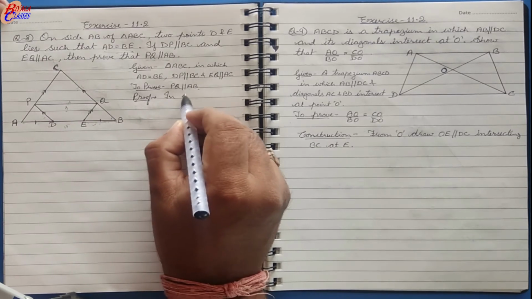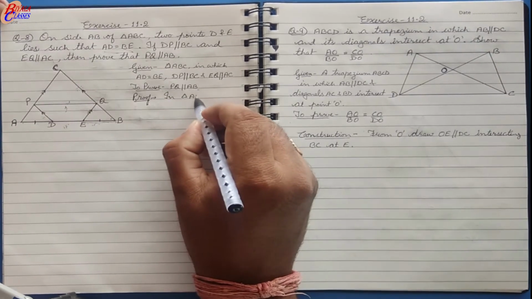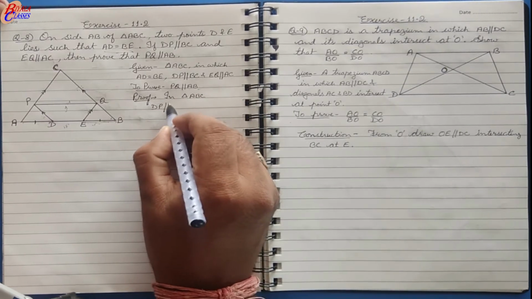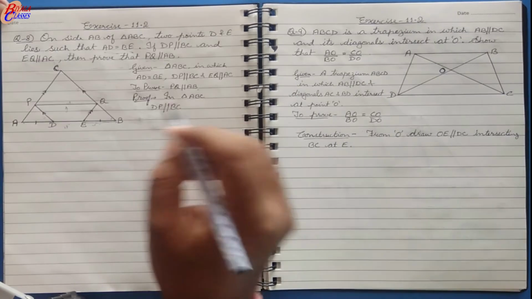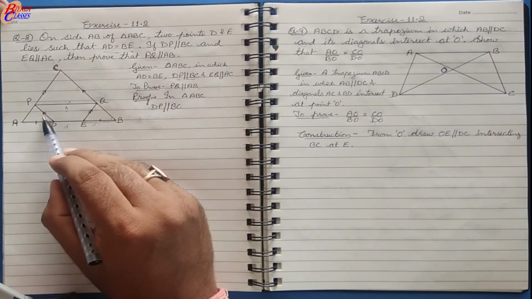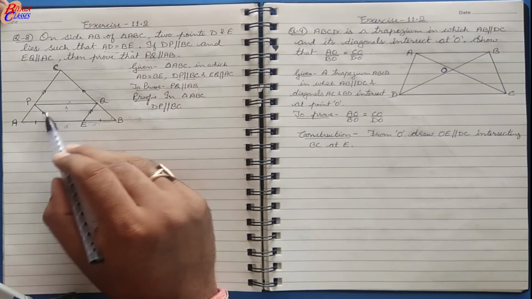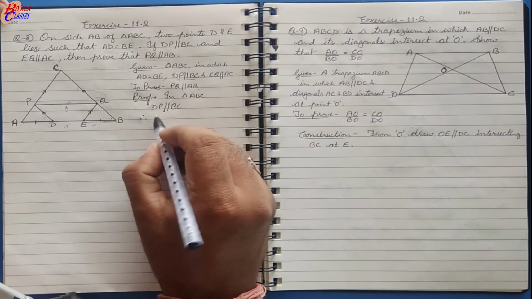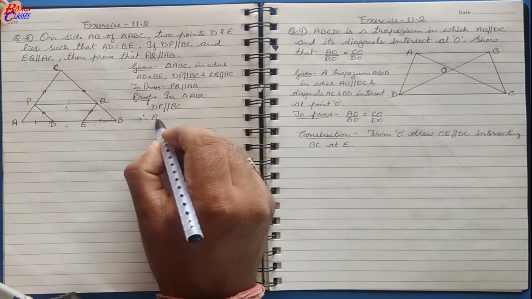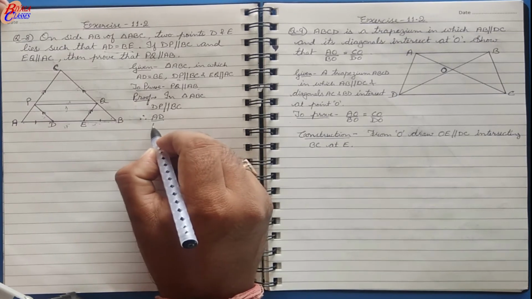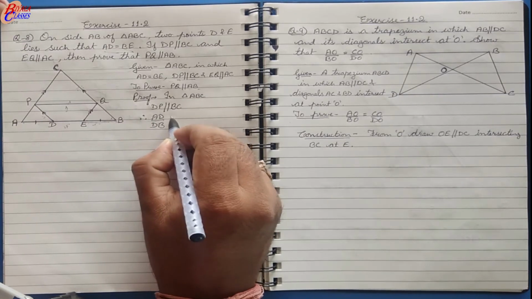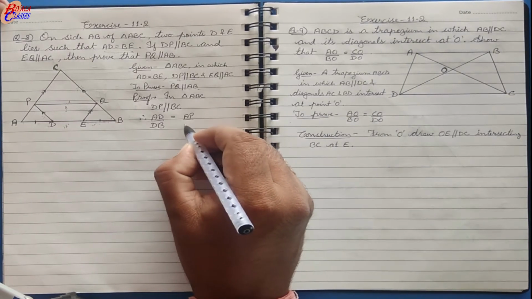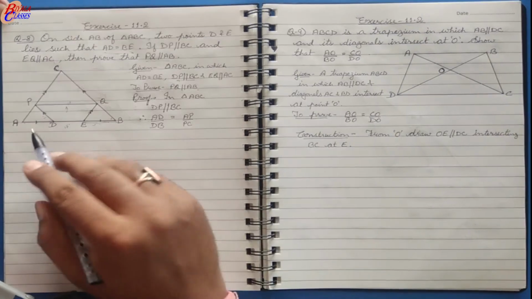Now in triangle ABC, we are given that DP is parallel to BC. It's already given that DP and BC are parallel to each other. Because these are parallel to each other, we can say that AD upon DB is equal to AP upon PC.